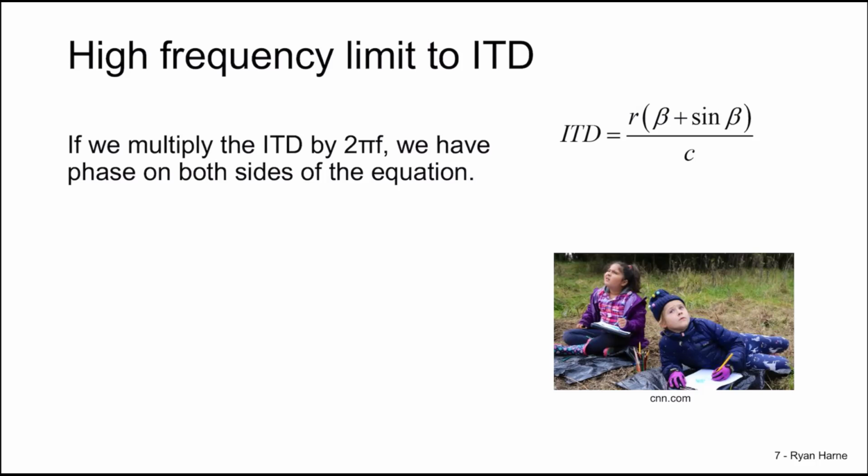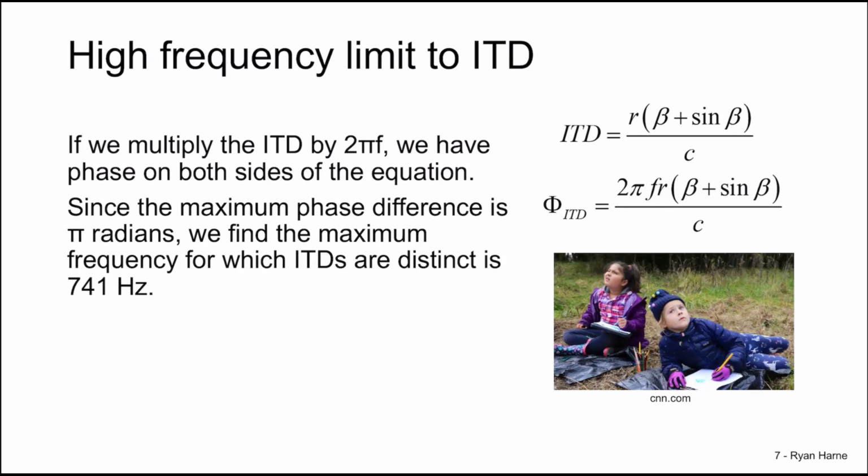If we multiply both sides of the ITD equation by 2 pi times frequency, we would have phase on both sides of the equation. So we have the phase of the ITD is equal to 2 pi f times r, the radius of the head, multiplied by beta plus sine beta, all of which is divided by c.